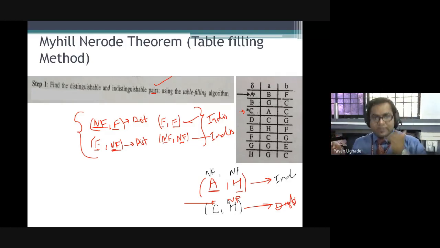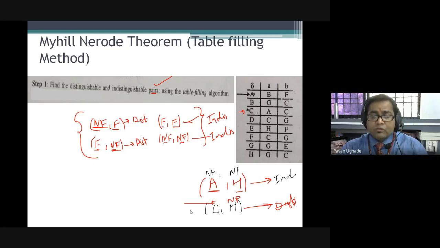Equivalence 0, equivalence 1, equivalence 2, which we discussed in the set equivalence method. Here also, one very important point I wanted to make is that distinguishable states cannot be equivalent states. So whenever there is a combination of a non-final state with the final set, you simply say they are not going to be equivalent. They are the distinguishable states.